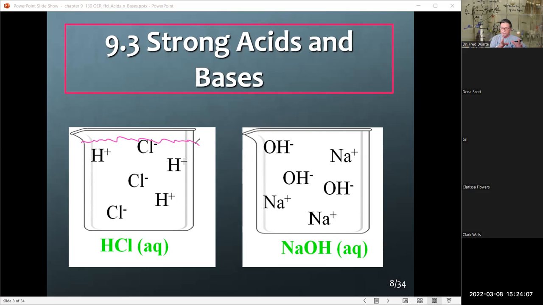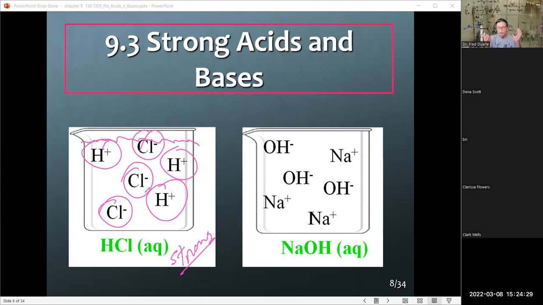We know by definition that hydrochloric acid is a strong acid, which means that it will break up into ions 100%. So we'll show it as follows. Here's the positive ions and here's the negative ions. I don't need to draw a lot of them. I can draw 3 to 5 pairs to demonstrate that.